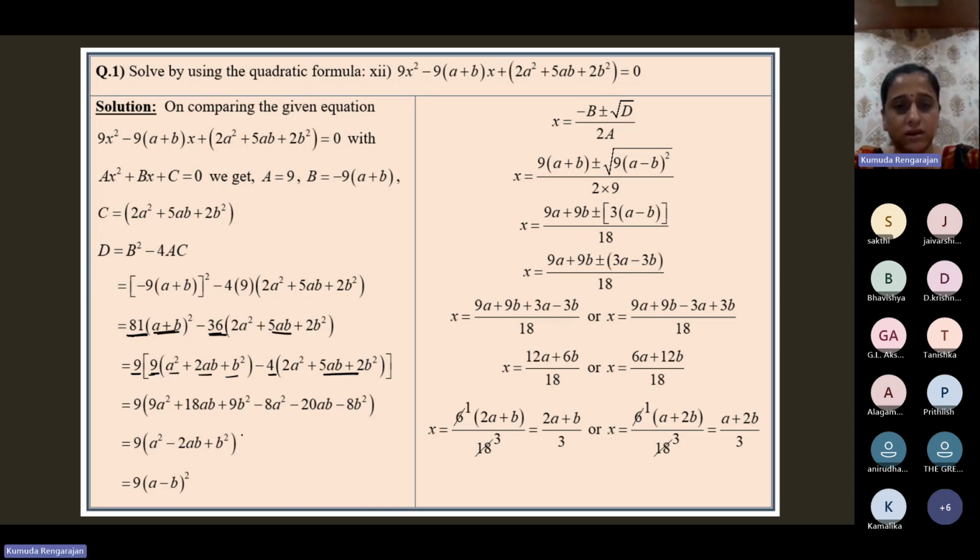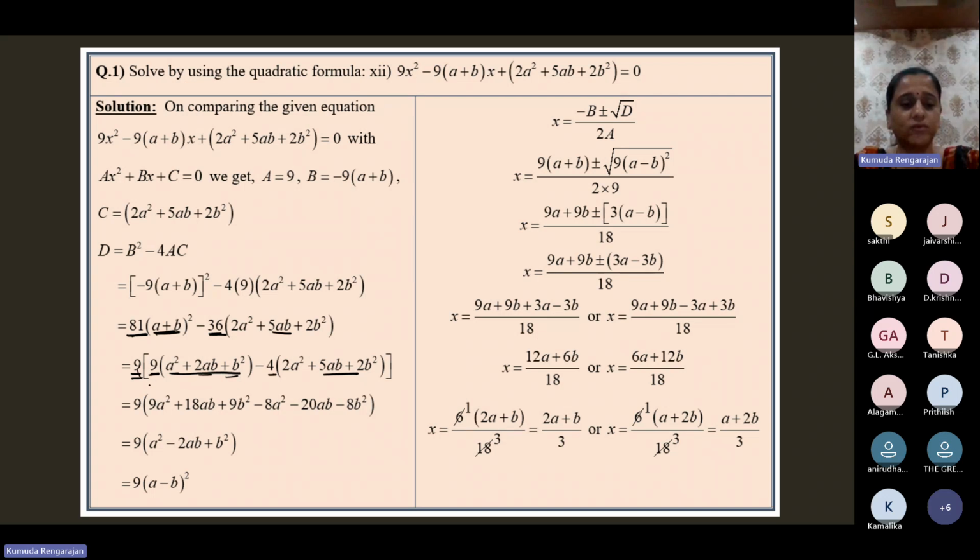If you feel, I'll also work it without taking the common factor, children. You can do it both ways, don't worry. Now, normally in algebra, whenever in an expression there's something common, we take out the common factor. So between 81 and 36, 9 is common. So I've taken out 9 common. Then 9 into 9 is 81, and this one is a squared plus 2ab plus b squared.